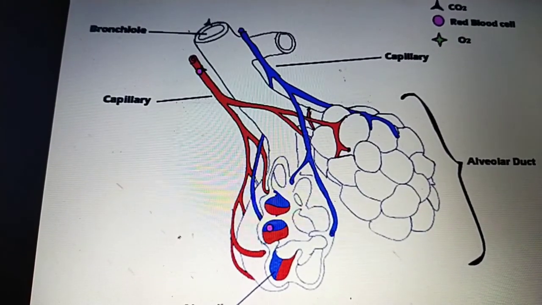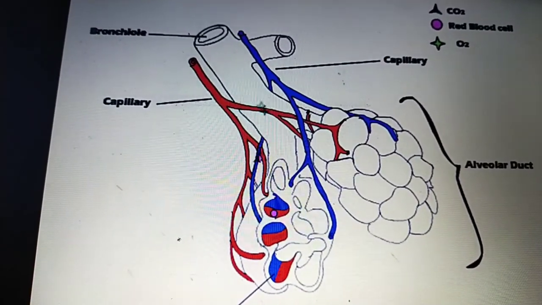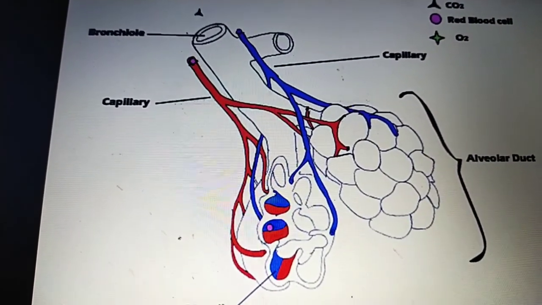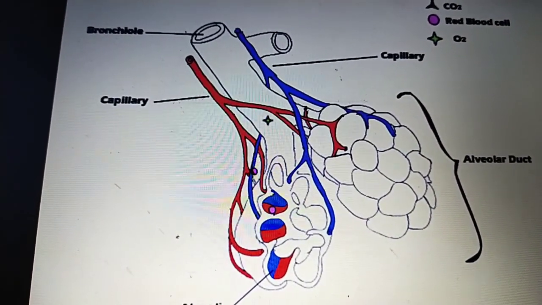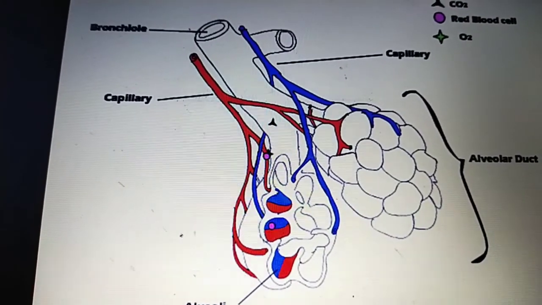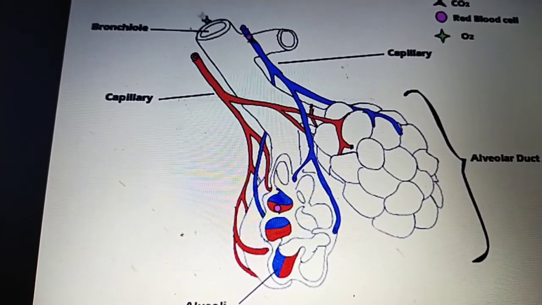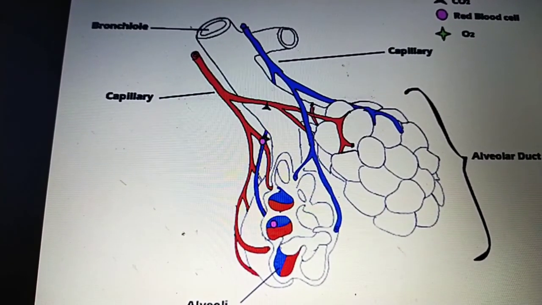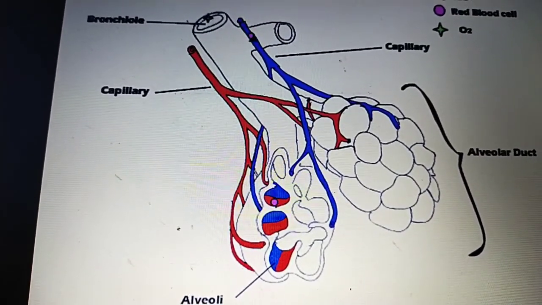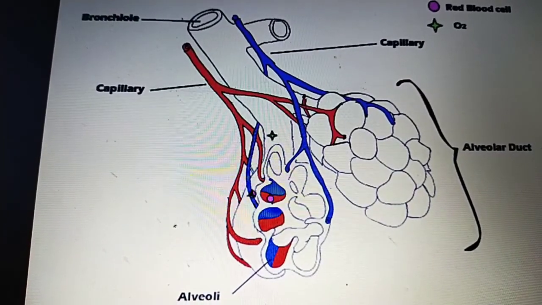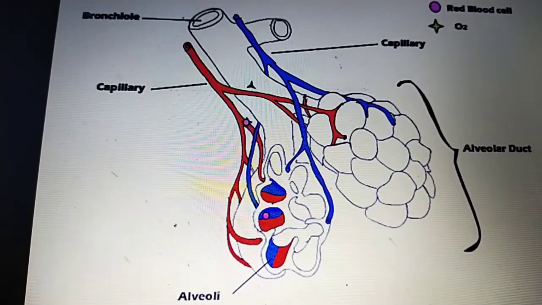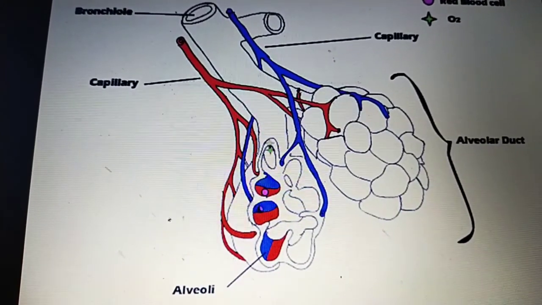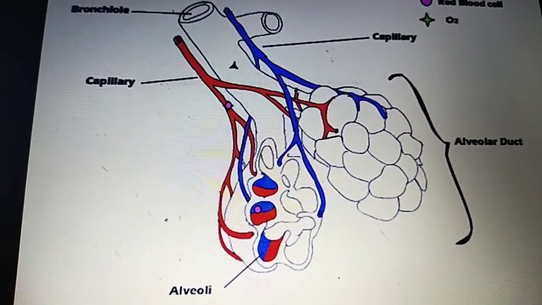The alveoli contain some elastic fibers and collagen fibers. The elastic fibers allow the alveoli to stretch and spring back during inhalation and exhalation, allowing the alveoli to expand.